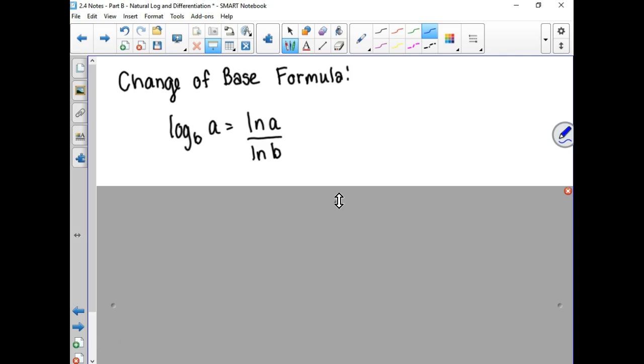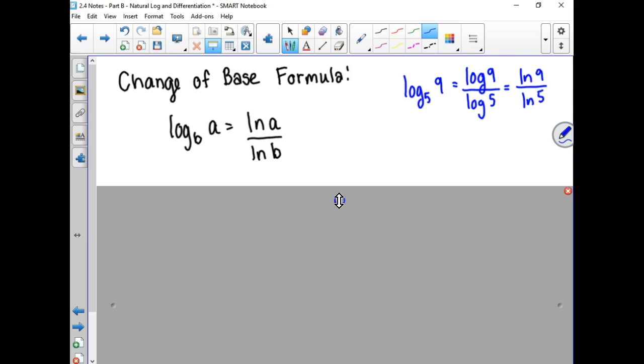Alright, so like we were talking about earlier, that change of base formula that we use, that's what we used in our calculators if we needed to find log base 5 of 9, right? In our calculator, in pre-cal, we probably did log 9 over log 5 because the TI-84 has a log button, but the TI-89 does not have a log button, so I would use natural log of 9 over natural log of 5.